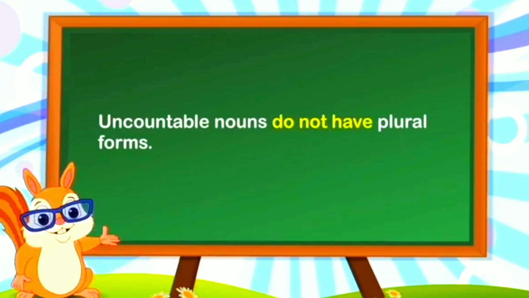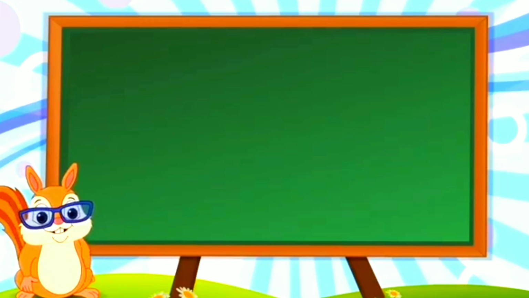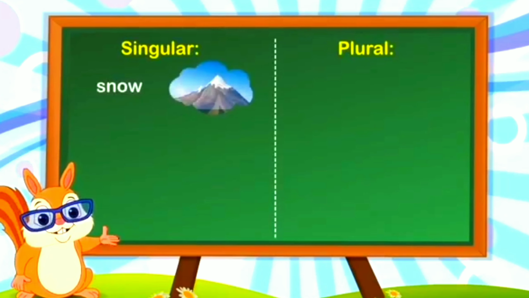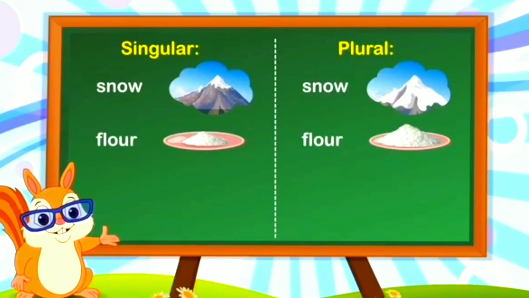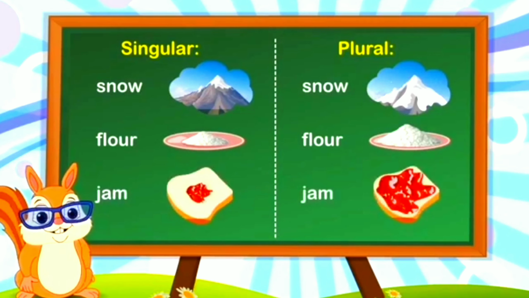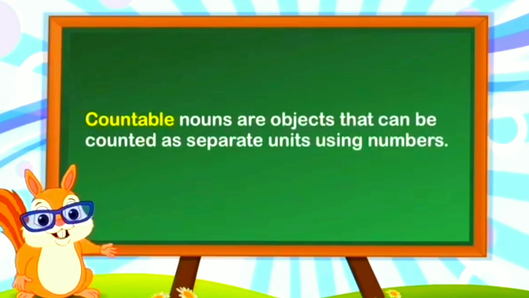Uncountable nouns do not have plural forms. For example, snow, snow, flour, flour. Jam, jam. We cannot count these things, so that is why they are called uncountable nouns.